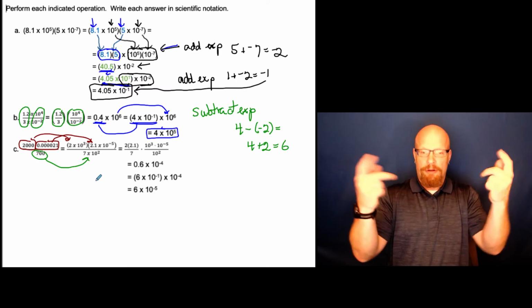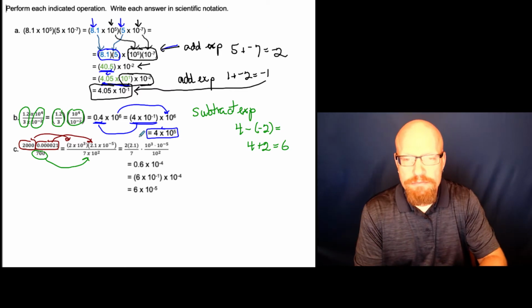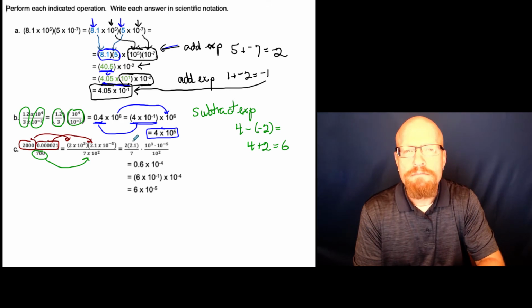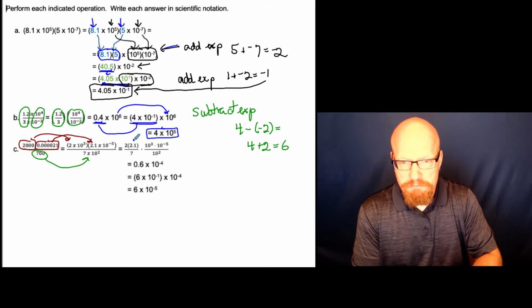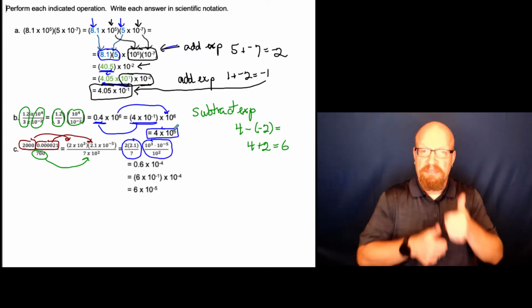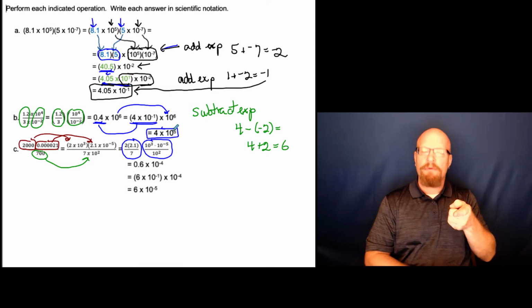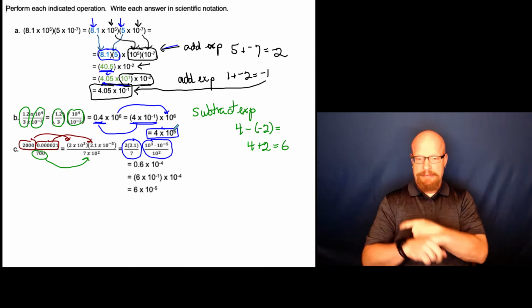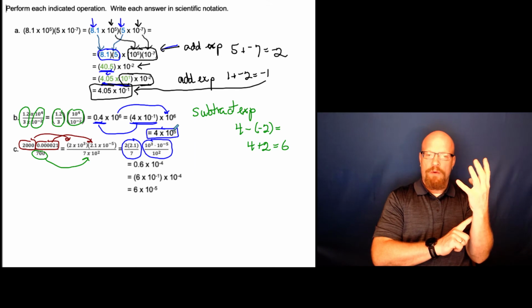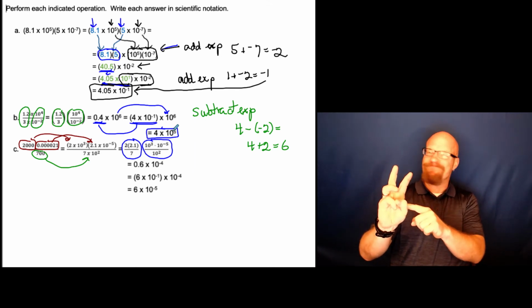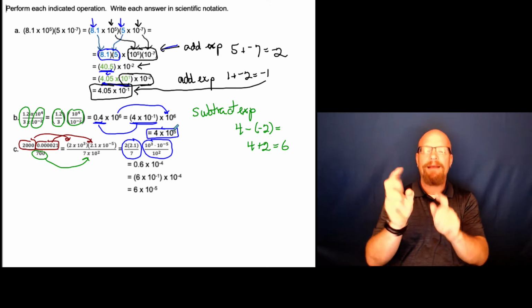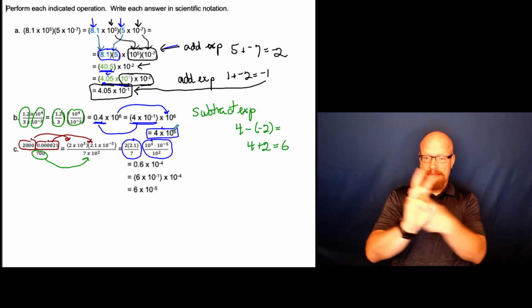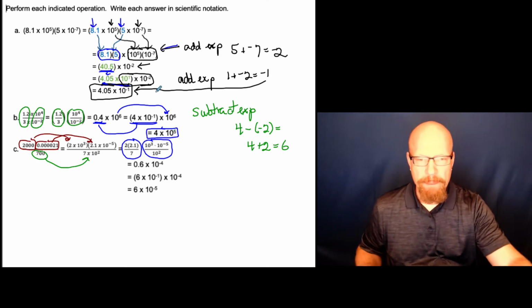Now you separate multiplications here and divisions. Following the rules of exponents, it goes 0.6 times 10 to the negative fourth. 0.6, yet again, doesn't fit the rules of scientific notation. It has to be 6 times 10 to the negative 1 power.